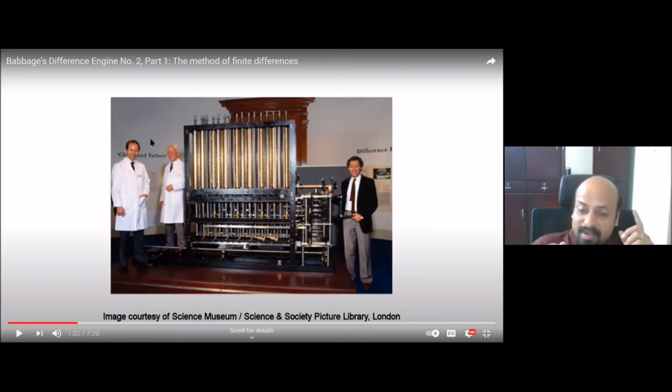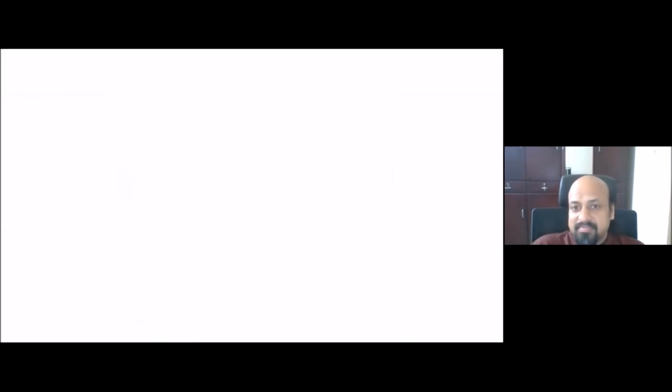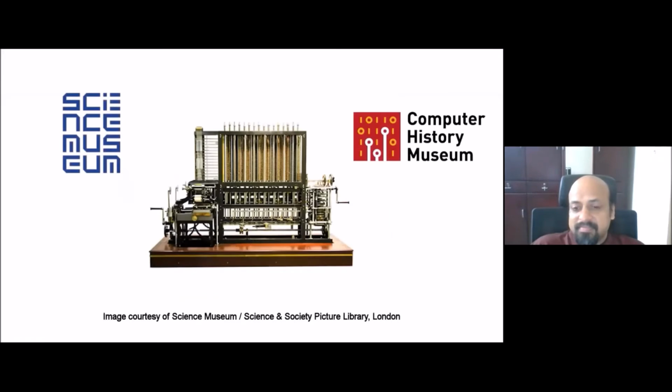The initial model was done in the 1820s, and then in the 1980s people worked on it just as a museum piece. So if you go to some museum in London or California, I think maybe Manu knows it, San Francisco, there is one museum where it is kept. This Babbage engine, okay? In 2002, a second difference engine has also been built and is currently on display at the Computer History Museum in Mountain View, California.